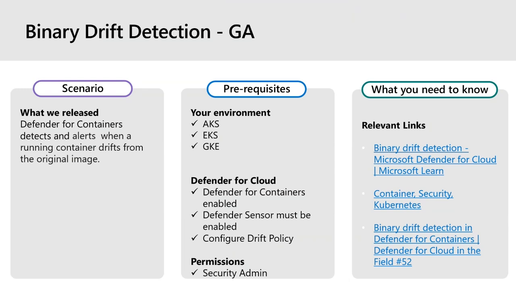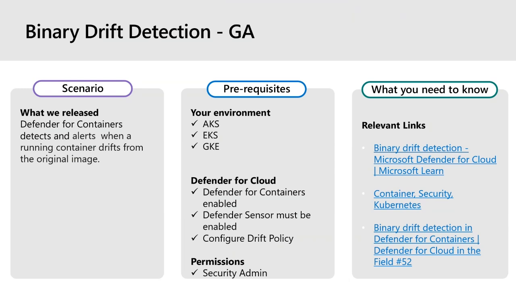So how can you detect such drift and be aware of what's happening in your running containers? You can use the binary drift detection feature to alert you when there is a difference between the running workload in the container and the original image.